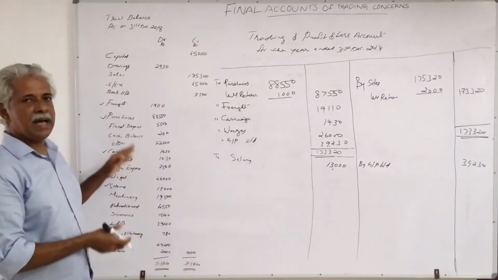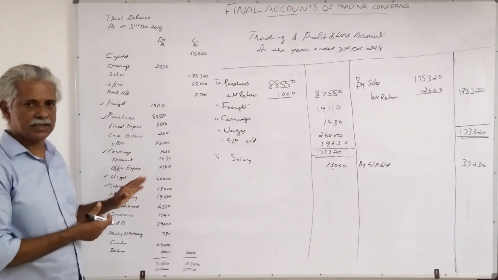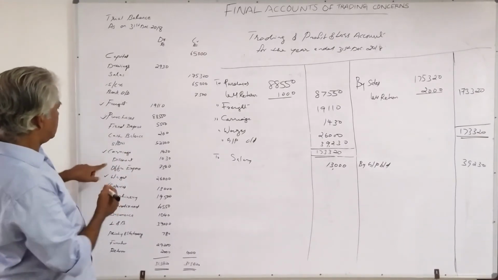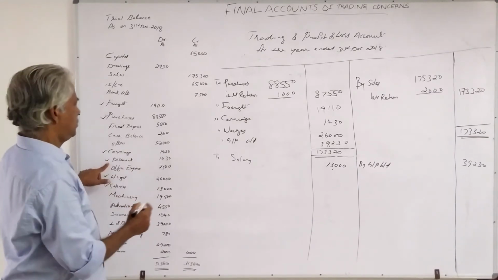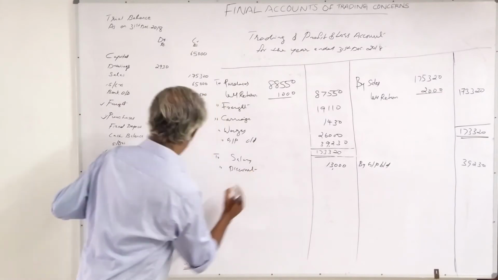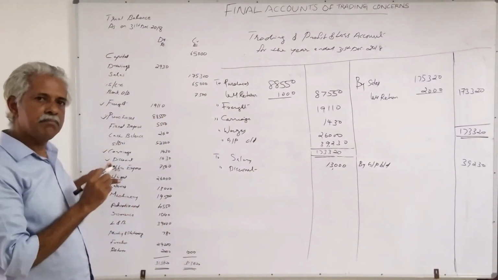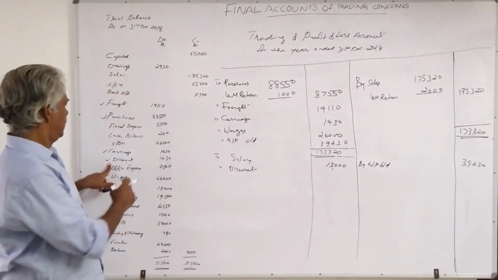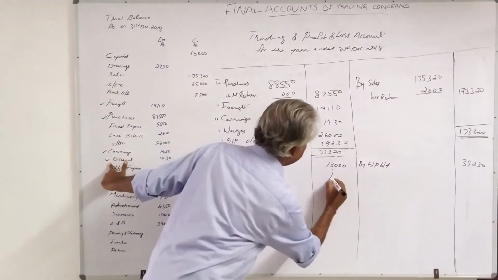Then consider the other items, that is indirect expenses. Other indirect expenses are discount. To discount. Here discount means discount allowed, the reason is that it is given as a debit balance. If it is given as a credit balance, it is an indirect income. That is 1,430.